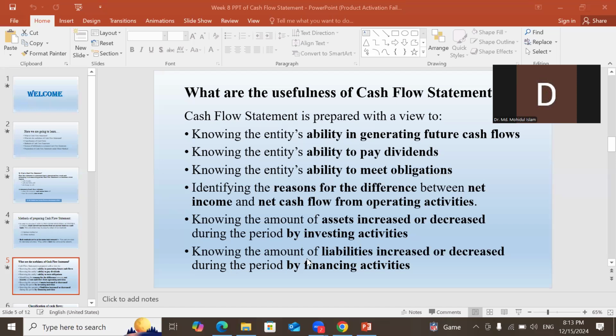And last, financing activities relate to liabilities increasing or decreasing. This is the importance or usefulness of determining the cash flow statement.